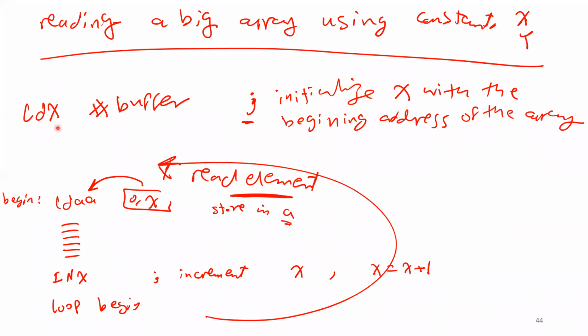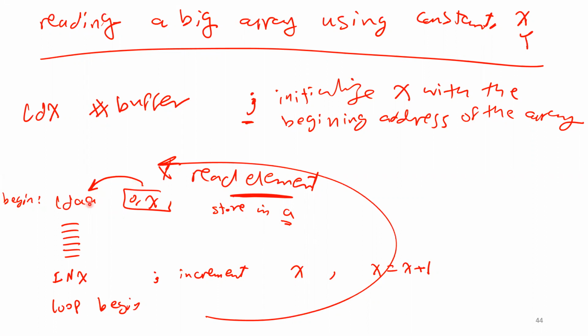Number one, as I said, I'm gonna say load X buffer. So here I actually initialize X, my pointer. X is my pointer. I'm initializing X with the beginning address of the array. Is that okay, guys? And then look here, I'm gonna do 0,x and put it in A. So I'm gonna read element number 0, the first element, right?